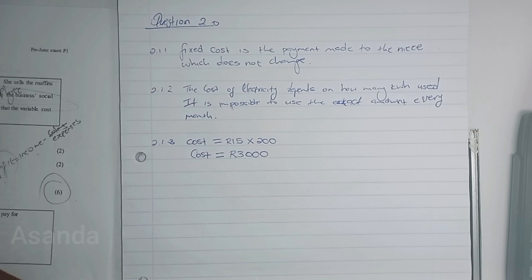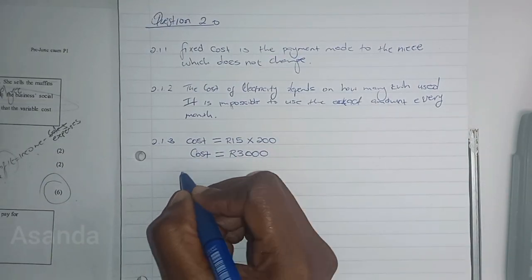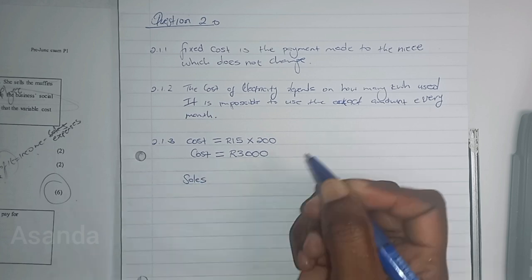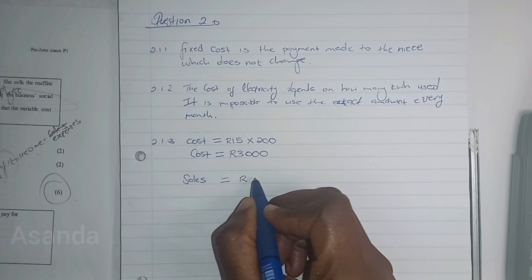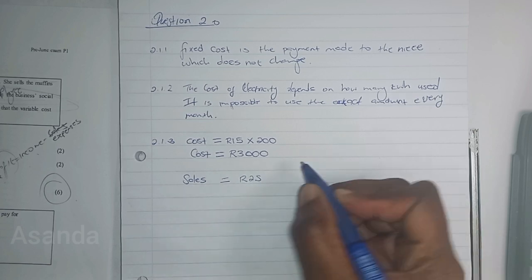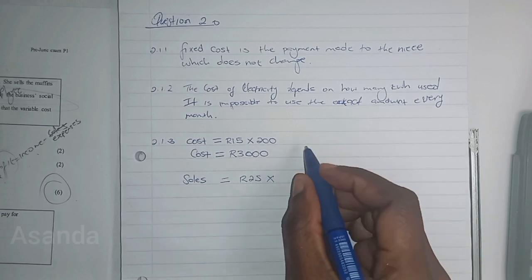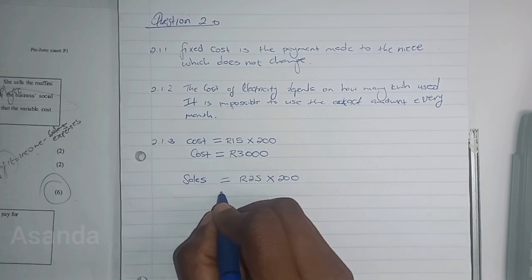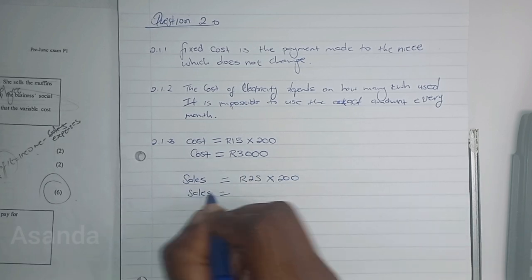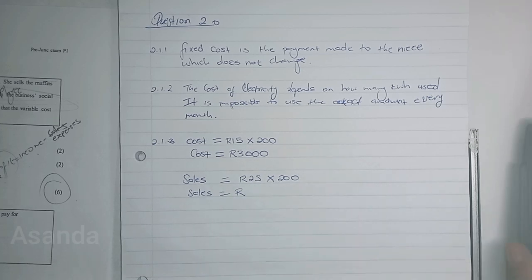Now let's sell them. Okay, so now for sales, each muffin will sell for 25 rand multiplied by 200 muffins. We sold 200 muffins, and that is the amount we're going to get.